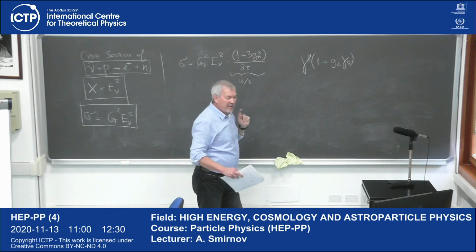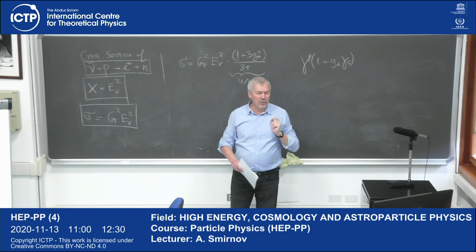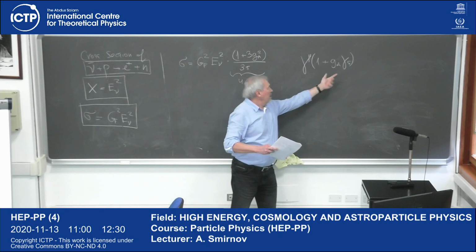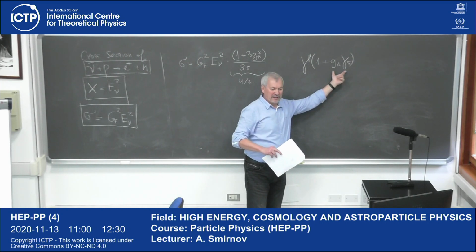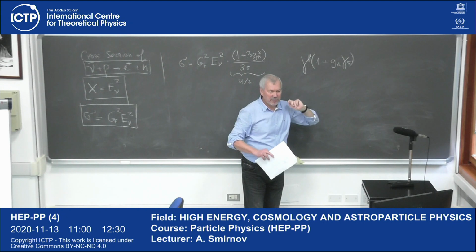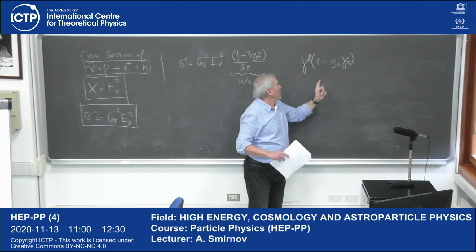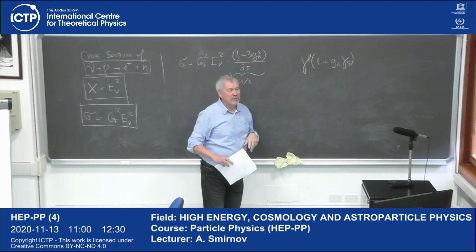And this 3 can also be understood, because this part is sensitive to the spin of the particles involved. The total spin is 1 here because we have particles with spin 1/2, and this 3 reflects 3 projections.